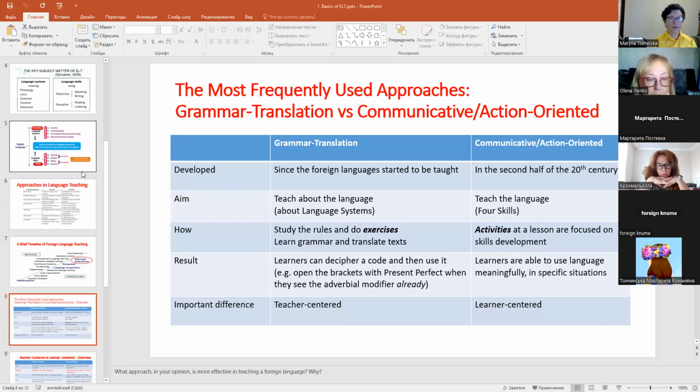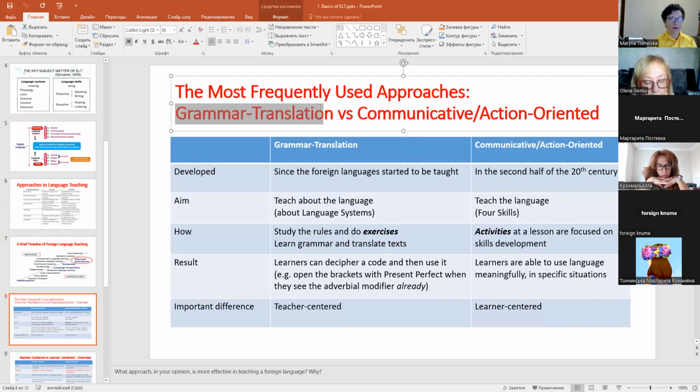So let's look at the most frequently used approaches, which are grammar translation versus communicative or action-oriented. In Ukraine, usually most traditional teachers stick to grammar translation, or today's teachers who have modern trainings or who have visited different trainings opt for the communicative or action-oriented approach.